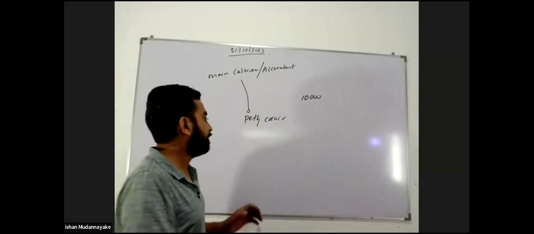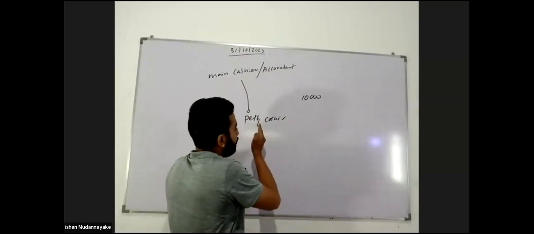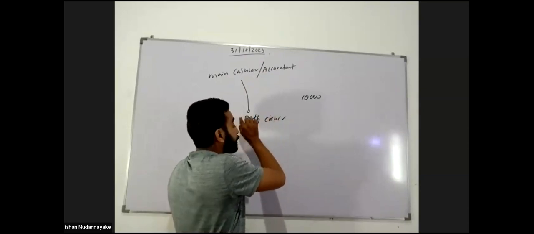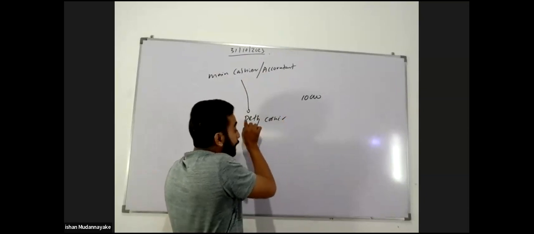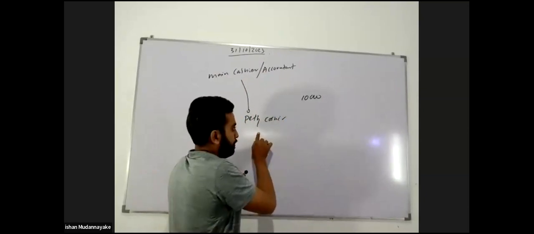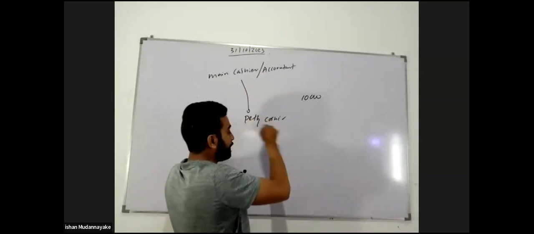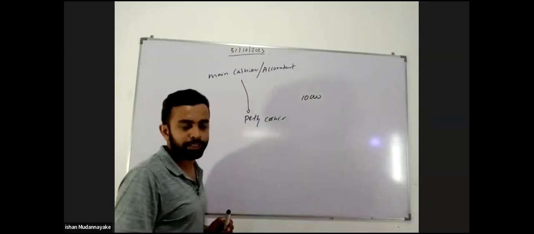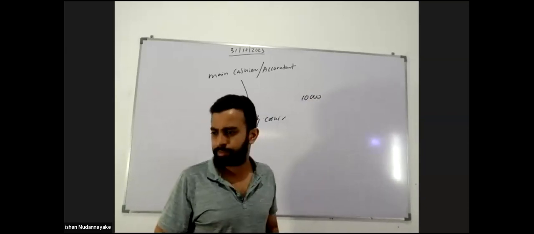Then within a week, all the petty cash expenses of the business organization need to be settled by the petty cashier using this 10,000. What are the petty cash expenses?